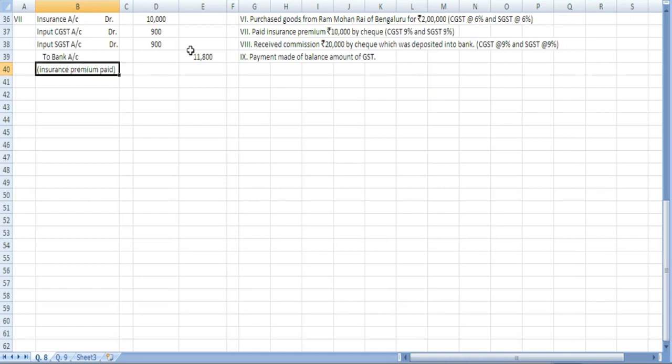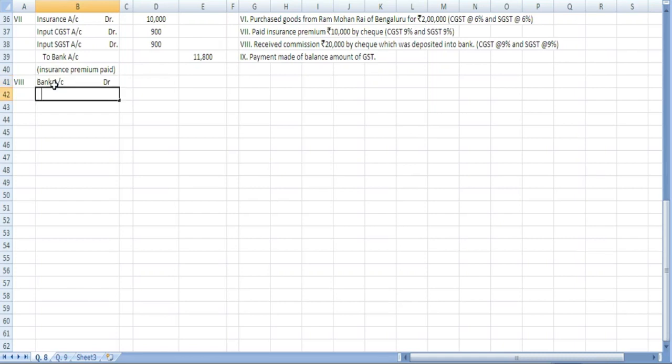Now number 8. Number 8 here it says received commission 20,000 by check which was deposited into the bank. So we are receiving into the bank, so we are going to debit the bank account.